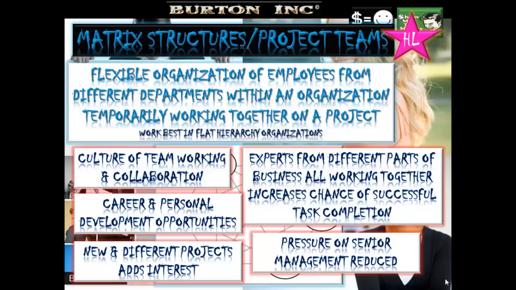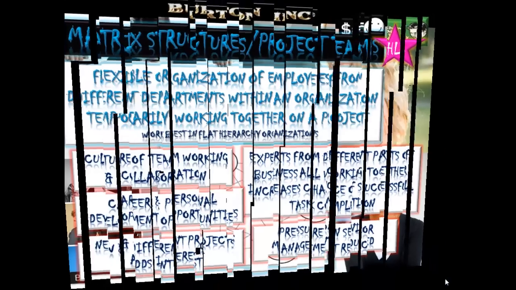So you'll know how to work the price, how to work the distribution channels, how to get it promoted, etc. With these people from different parts of the business all coming together, everybody has got the areas of expertise, and it increases the chance of a task being successfully completed. And the pressure on senior management is reduced. You've delegated responsibility to these project teams.